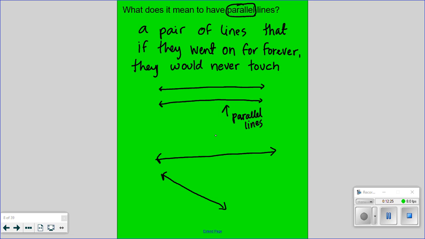Right now, are those lines touching? No, they're not touching. However, if I keep drawing these lines forever and ever and ever, will they eventually touch? Yes, they will eventually run into each other. That means these lines are not parallel.